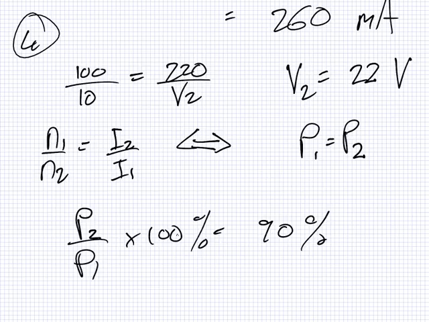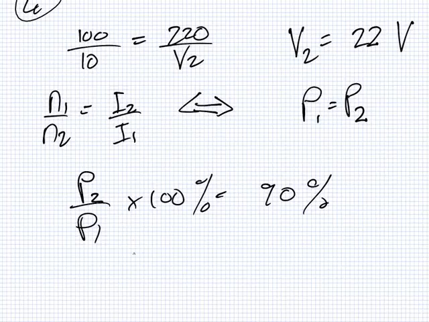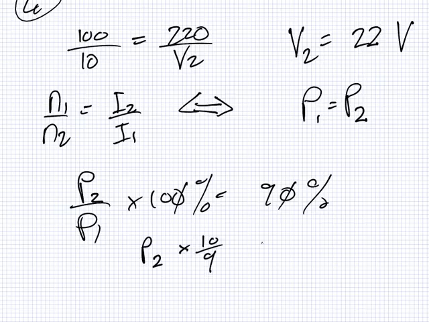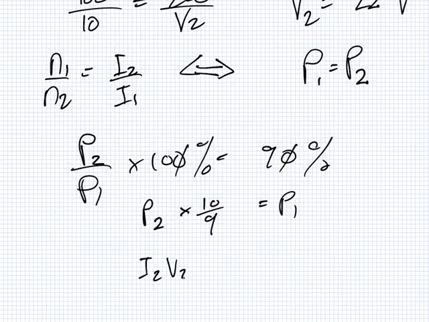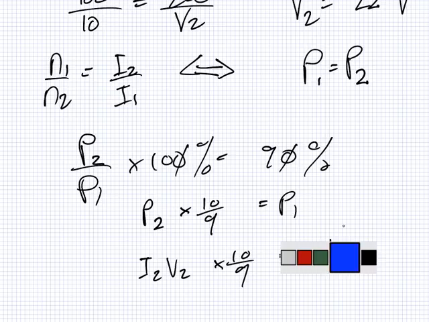Yeah? So I get P2 times 10 over 9 equals P1. So I can get I2 V2 times 10 over 9 equals I1 V1. Yes? Do I know the V's? I do.